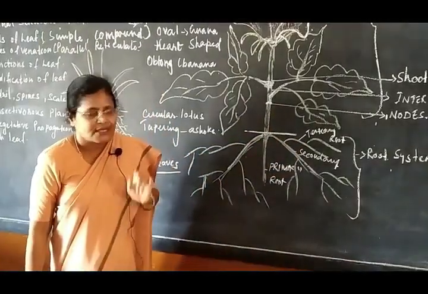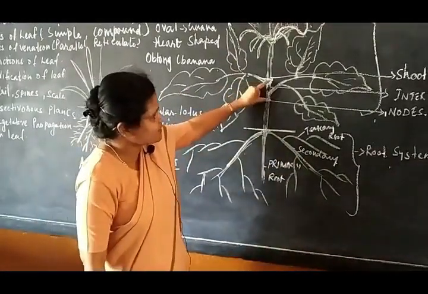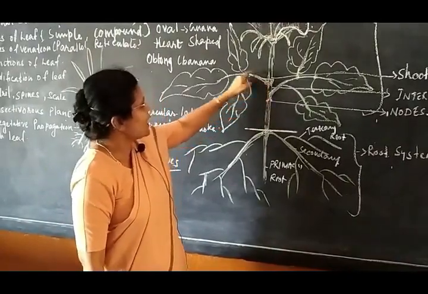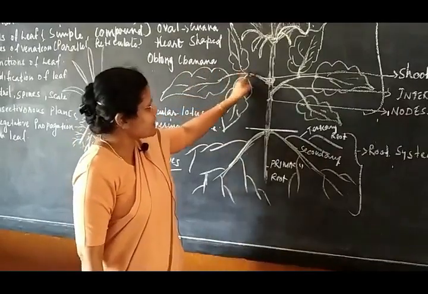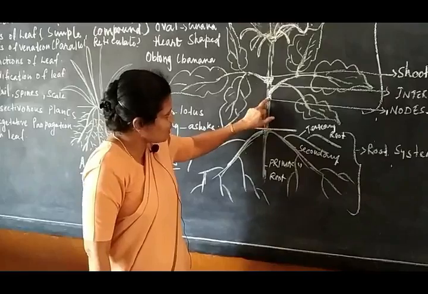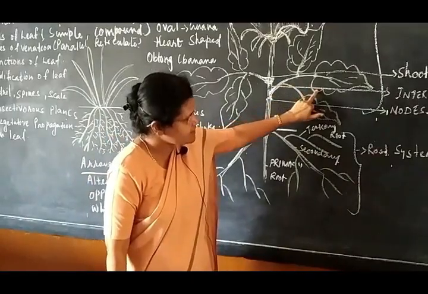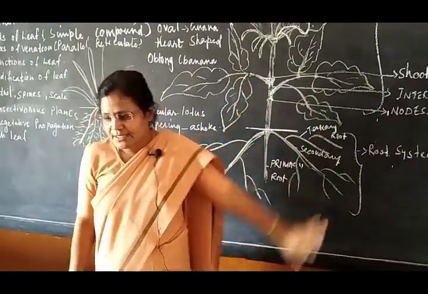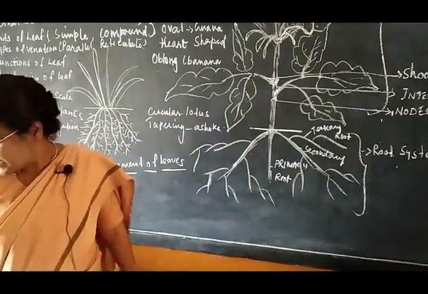Now what are internodes? The internodes are the region between two successive knots. You see one knot here from which the leaf or the branches have come out, and here you have another knot from which another branch has come out, and the region between two knots is called your internodes.